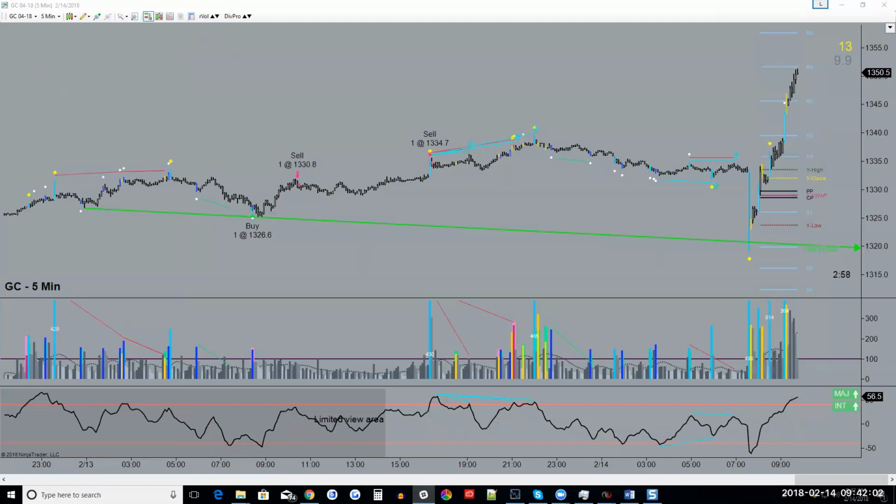I think a double top in gold is definitely on the table. I'd have to say that's probably a high probability going to happen.